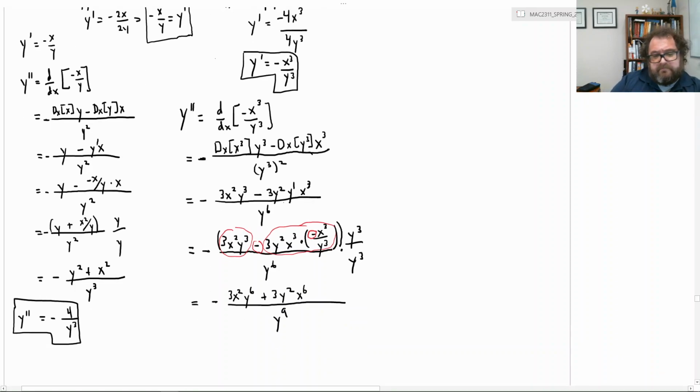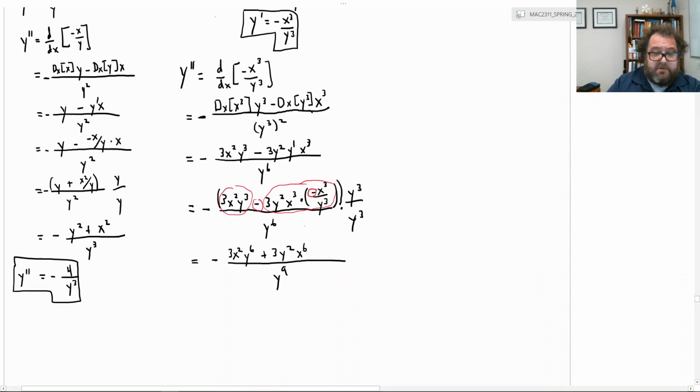Let's see here. I can certainly factor out a y squared, and we can divide out some common factors. That'll for sure work. What I mean by that is, let's factor out y squared from the numerator. So if I factored out y squared, that would give me 3x squared y to the 4th plus 3, I factored out a y squared, so x to the 6th over y to the 9th.